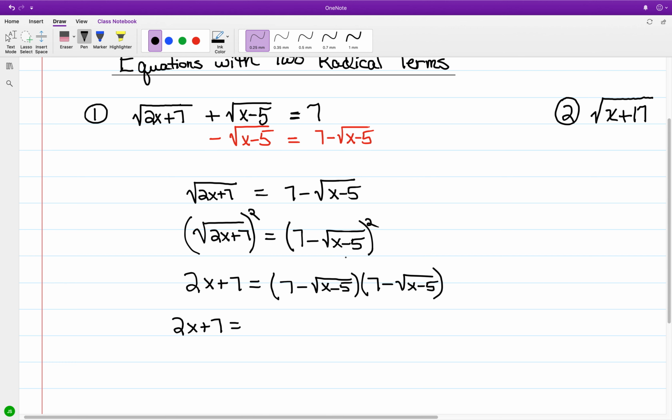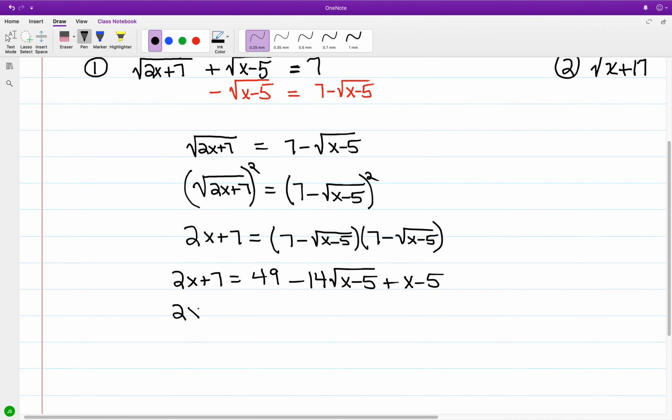And to the right, you have 7 times 7 is 49. And we have minus 7 square root of x minus 5 minus another 7 square root of x minus 5. So we have negative 14 times the square root of x minus 5. Negative times negative is a positive. And we have x minus 5.